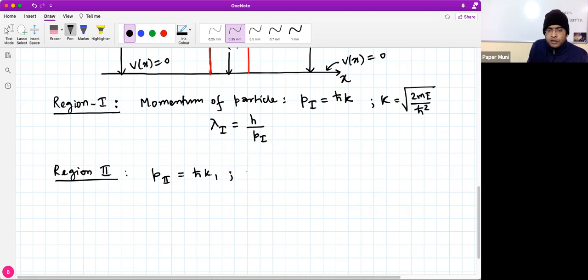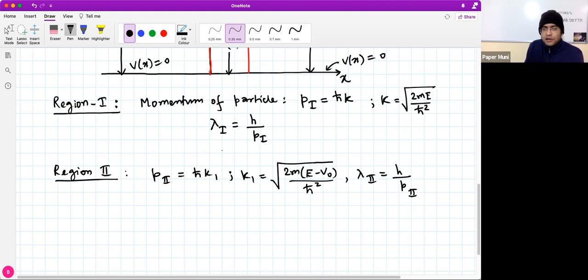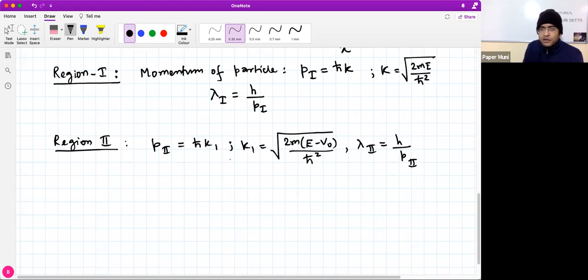In this case k1 is given by the square root of 2m times E minus V naught, divided by h cross square. Now the lambda here, lambda 2, is h by p2. I've been telling you this is 1, not I. This is 1, but in Roman it looks like I. All right, so this is p2.